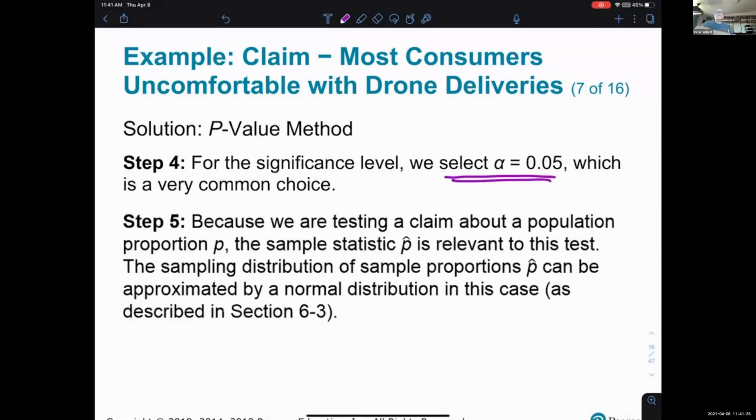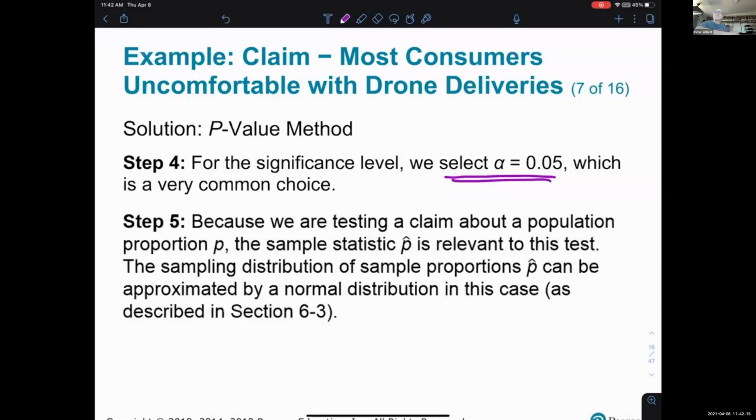And again, the alpha level means we want the percentage value of alpha, in this case 5%, to be the probability where we believe that in order to support the claim that the proportion is greater than 50%, the chance that we would get from our sample a value as high as we did, greater than 50%, the chance that that would happen just randomly if we were wrong needs to be less than 5%.